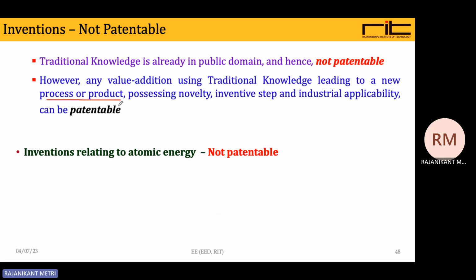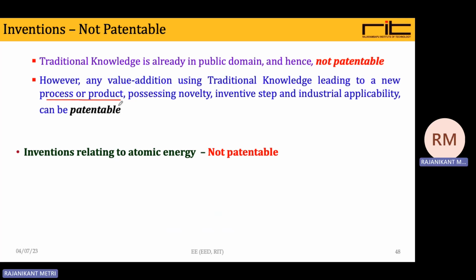So you are developing some innovative process or product which did not exist earlier, which possesses novelty, meaning it has some new thing, new process or new product, which is applicable to the industry or to society. Such a process or product can be patented.